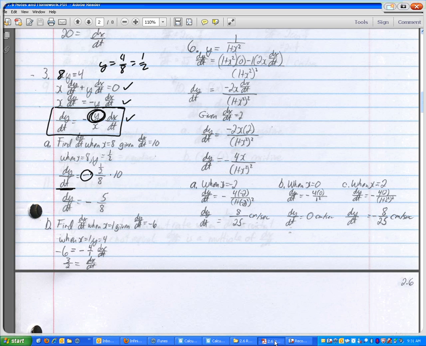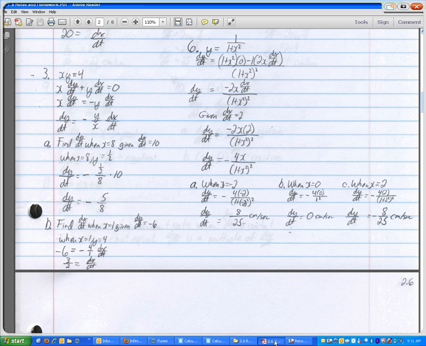So y gets replaced by 1/2. x gets replaced by 8, because they told us when x equals 8. Okay, and dx/dt we're given to be 10. So everything gets replaced except for what we're looking for, the dy/dt. Then you simplify. You with me on A?